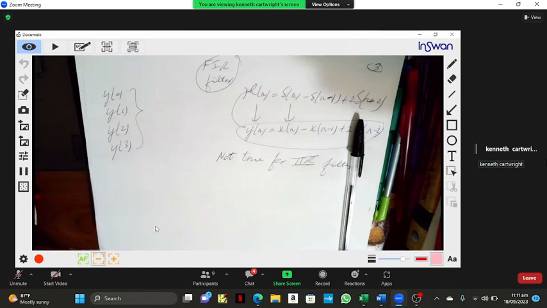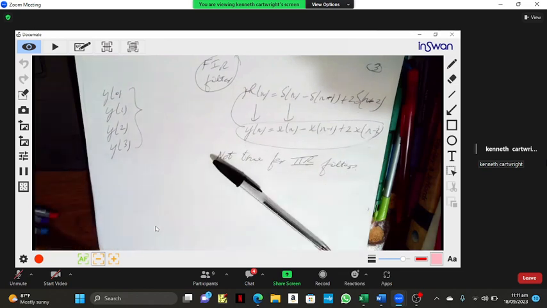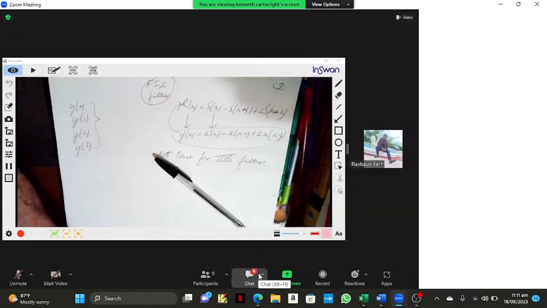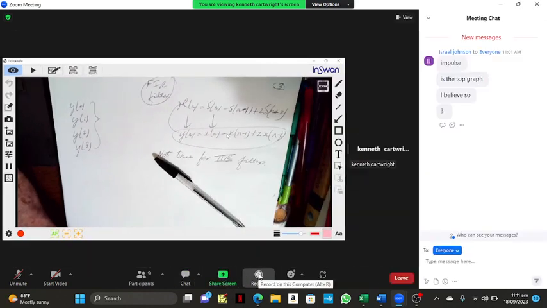What do we need to find the output? Anybody, what do we need to find the output?